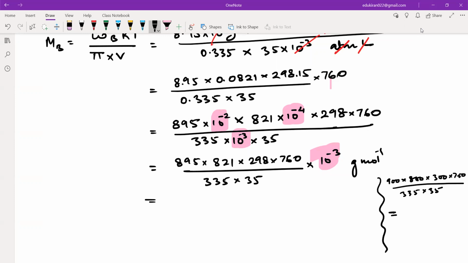The answer you are getting is right. Accurately it is 14193 grams per mole. If you solve this it will come approximately equal to 14,000. Salman, fine, correct. So not 1400, 14,000. Okay.